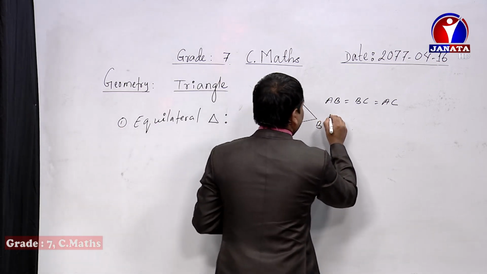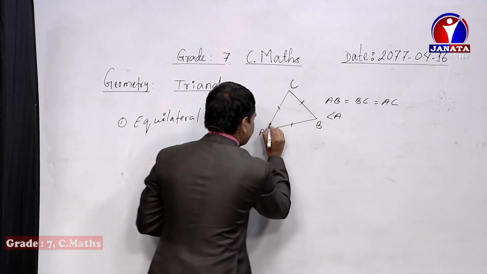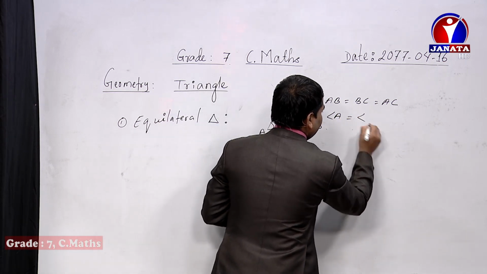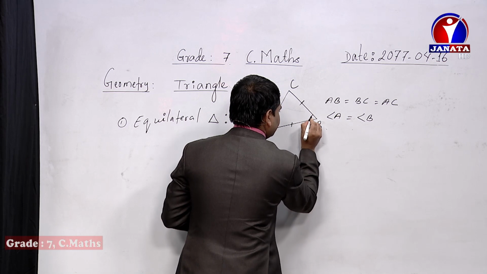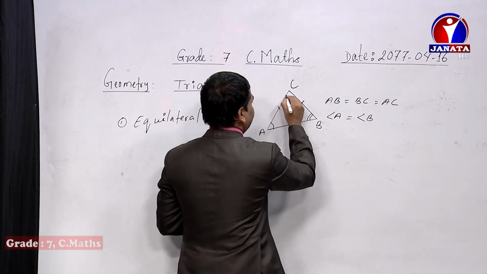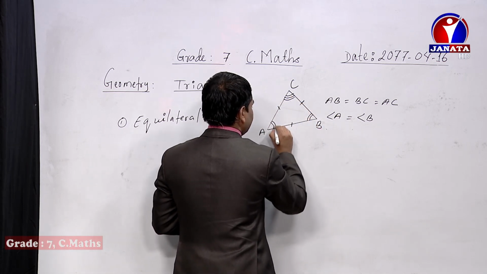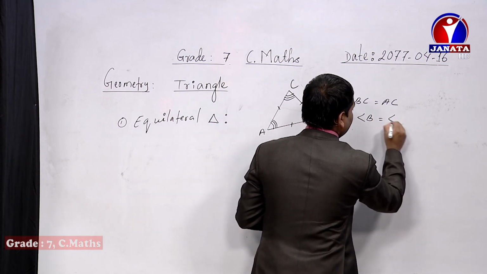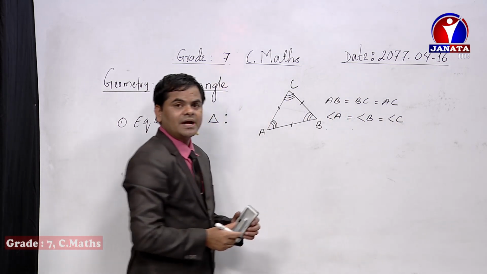Not only that, the three angles, that means angle A, the measure of this angle, and then angle B, the measure of this angle, and then angle C, the measure of this angle. If we measure by using the protractor, then we find them equal to each other.